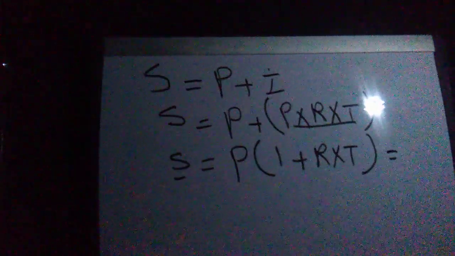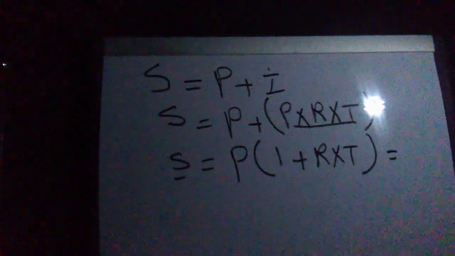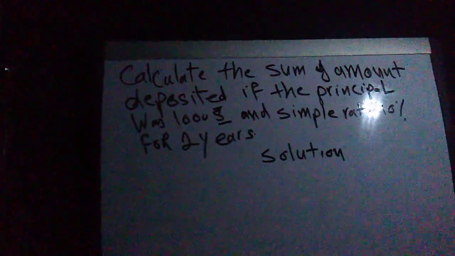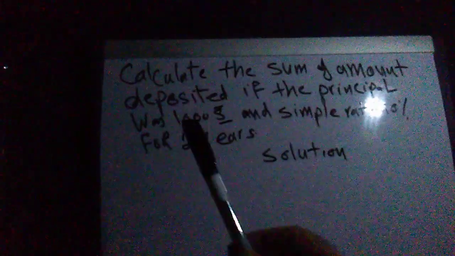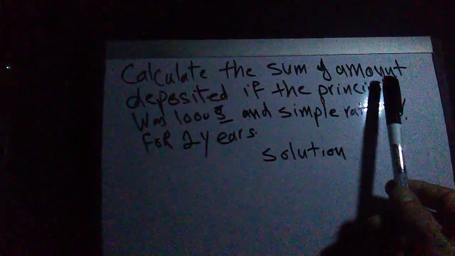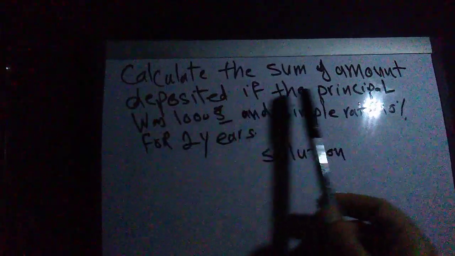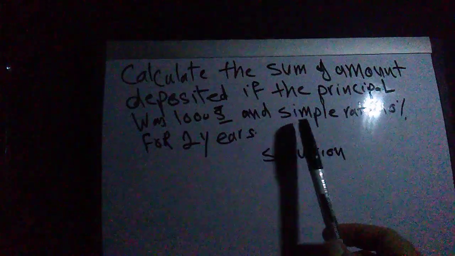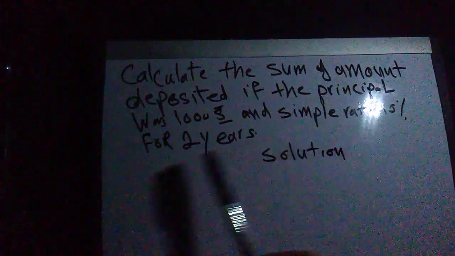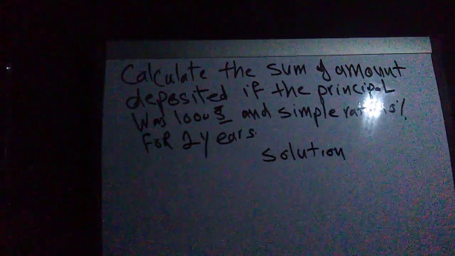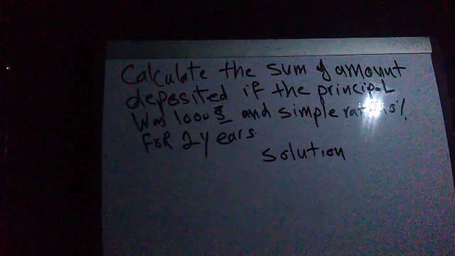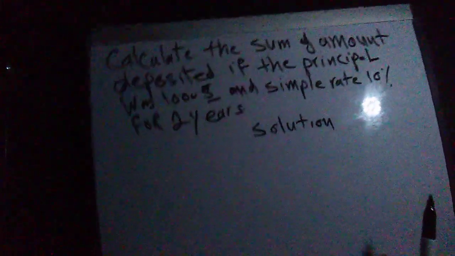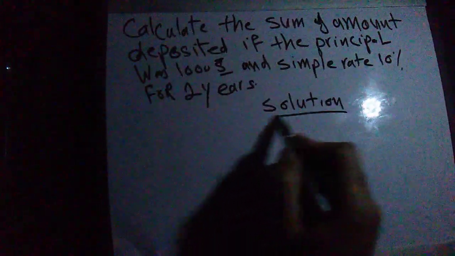Okay, let's say now an example. Calculate the sum of the amount deposited if the principal was $1,000 and the simple rate was 10% for 2 years. I can do all this in one step. I will say the solution is like this.